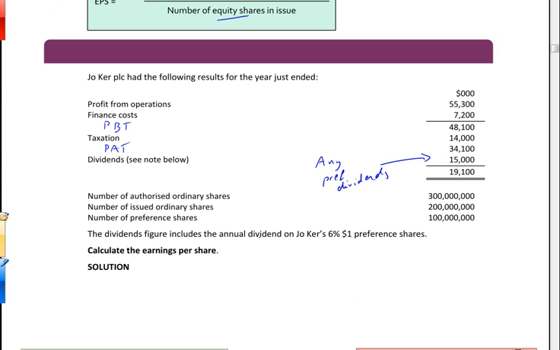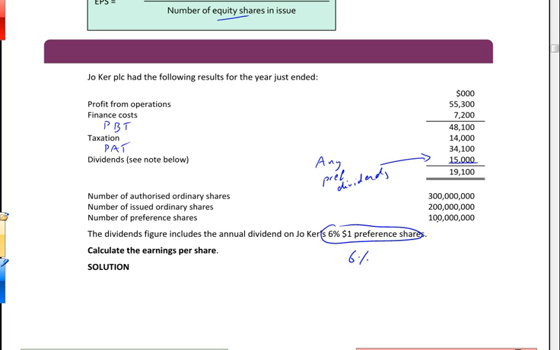So we're told the dividend figure includes the annual dividend on 6% $1 preference shares. So that 15 million of dividends includes preference dividends. Now, preference dividends pay the same dividend each year. It's 6%. So what we need to do is take 6% on the number of preference shares.